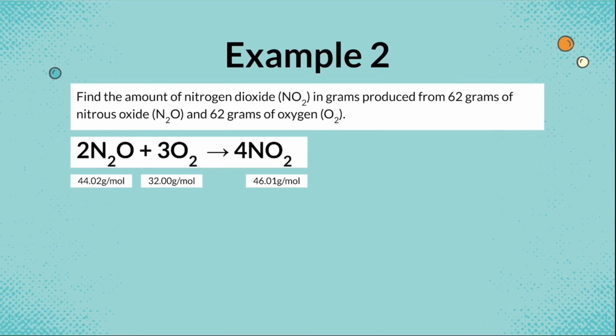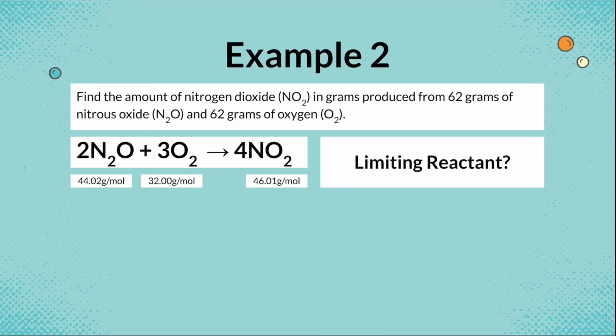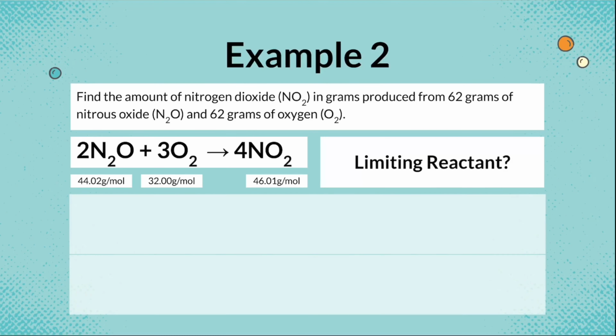Now our next step is to figure out which reactant is the limiting reactant, because we don't have an excess of either in this case. So in order to do that, let's calculate how much nitrogen dioxide can be made with each reactant. We can start by calculating using N2O. In order to do this, let's convert our grams of N2O into moles.